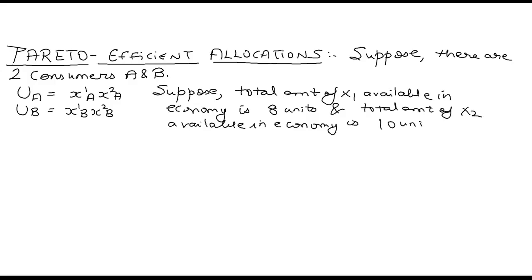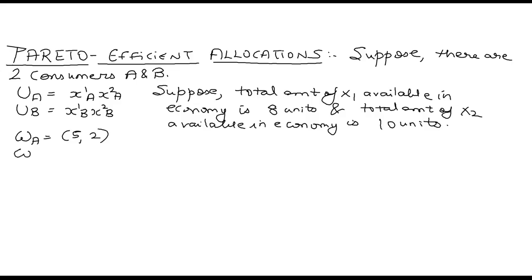All this is given to us in the question. Also, suppose A's endowment is given to us as 5,2. A has 5 units of good 1 and 2 units of good 2.